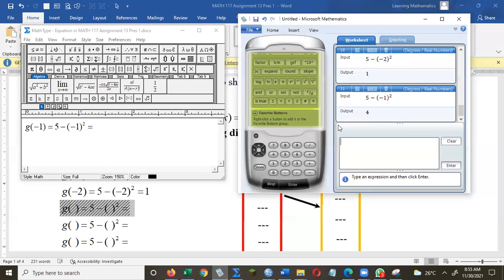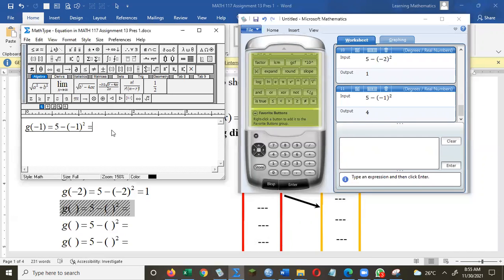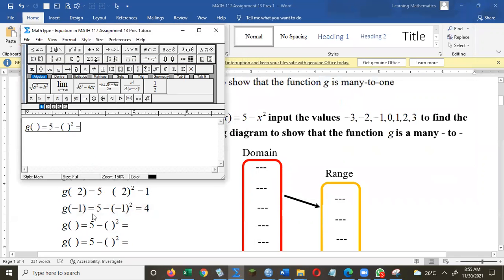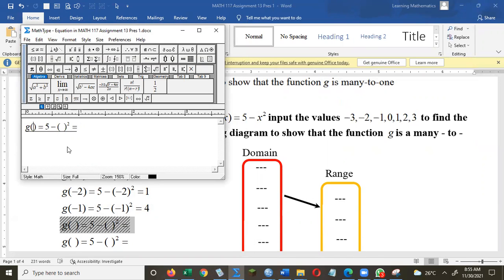Someone said 4. I get 4. Do you get 4? Right, so the next one is 4. Let's continue. Anybody still confused, or would you like to suggest what comes in that bracket?